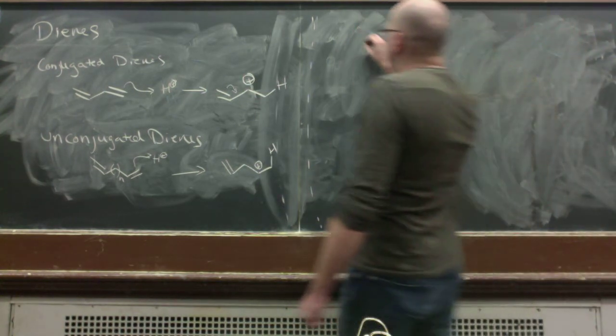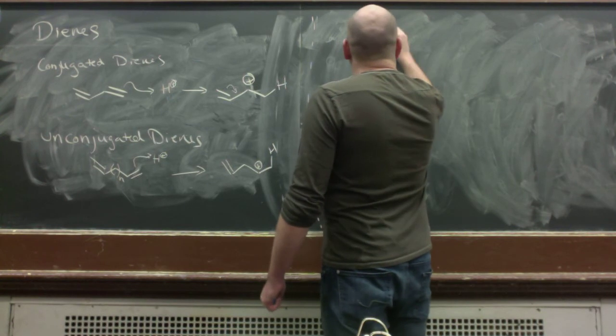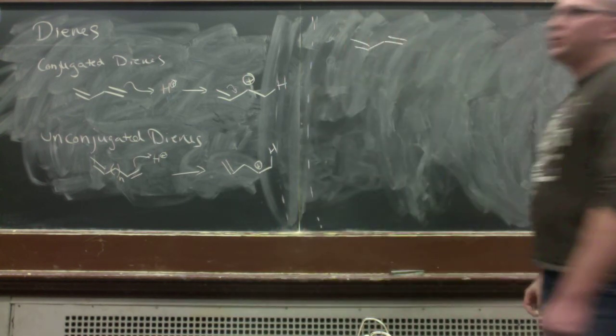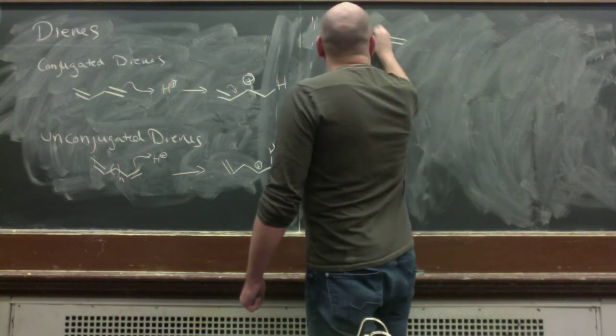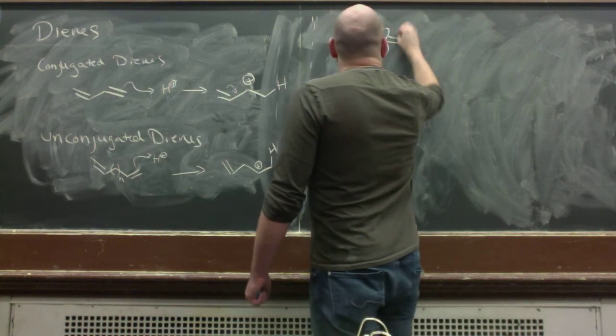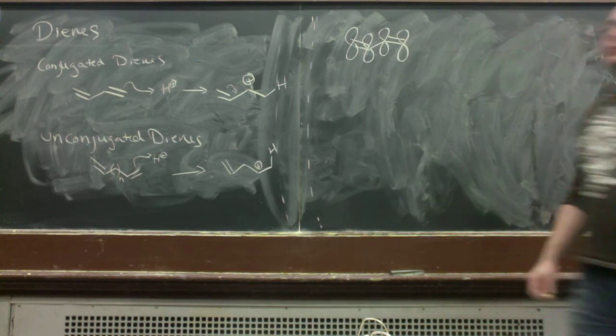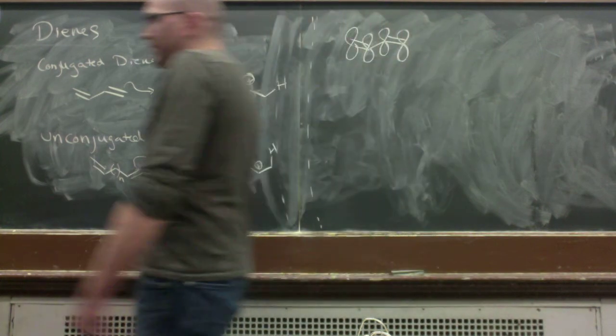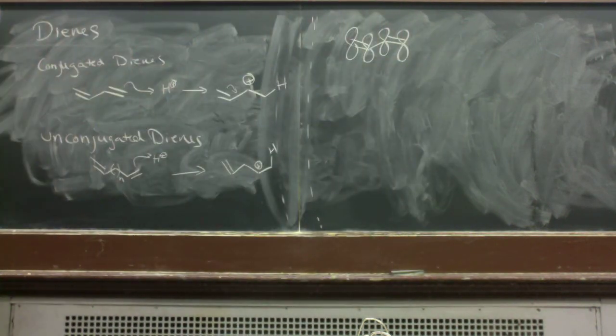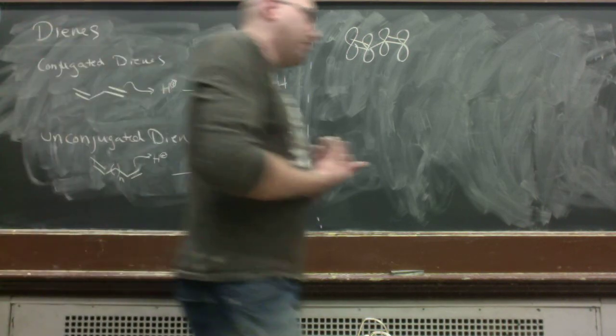But if we think about this overall system, when you have two double bonds next to each other, what you recognize is that you now have a network of p orbitals. We've discussed in the past how electrons are kind of claustrophobic in nature.